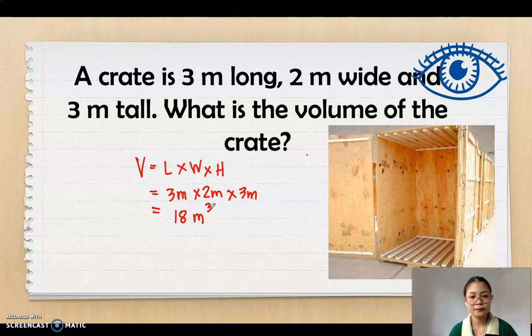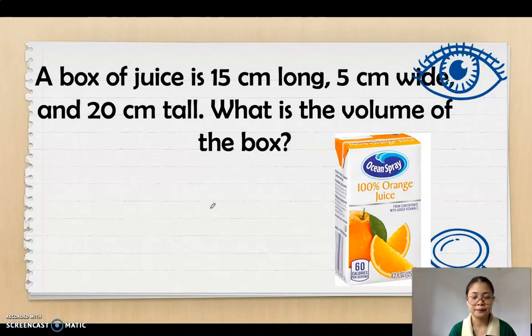Now, next problem. A box of juice is 15 centimeters long, 5 centimeters wide, and 20 centimeters tall. What is the volume of the box? Now, since this forms a prism, the formula that we are going to use is length times width times the height.